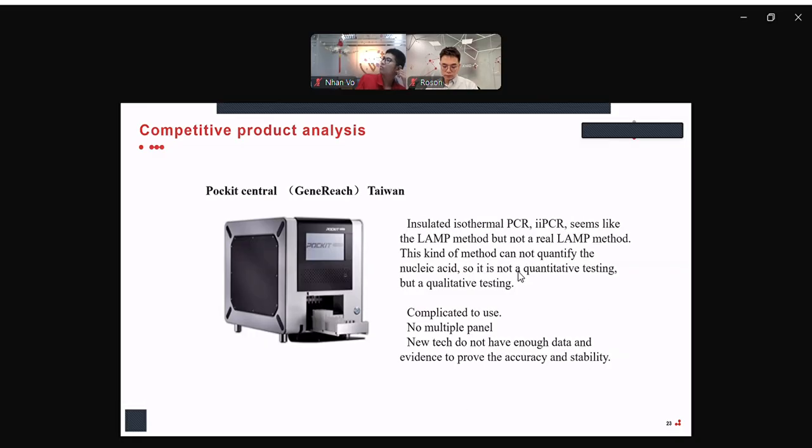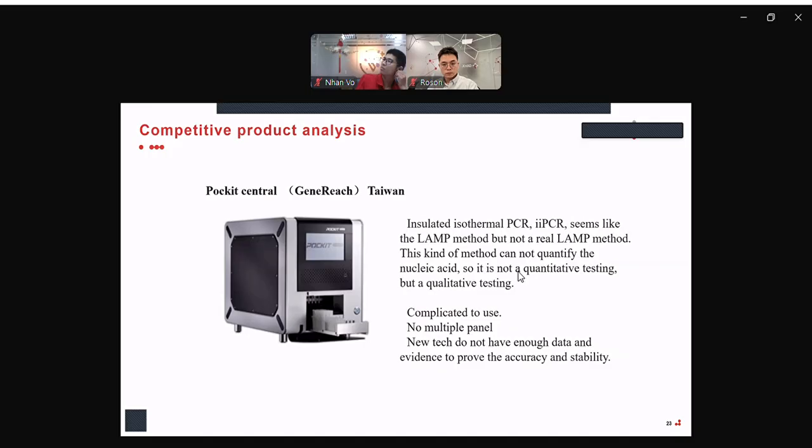After consulting the feedback in the market from the clinics and vets that are using this brand of machine, they said that the biggest disadvantage of this machine is that it is really complicated to use.